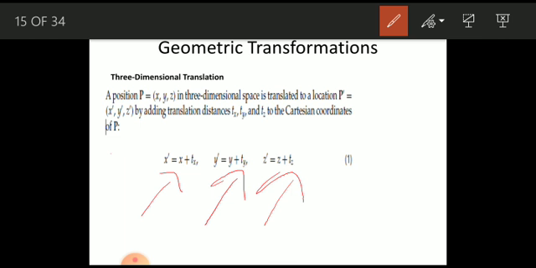Just by adding the translation distances to the values of x, y, and z, we get the translation of a point in three-dimensional space. Now let us look at the homogeneous representation of the translation matrices.